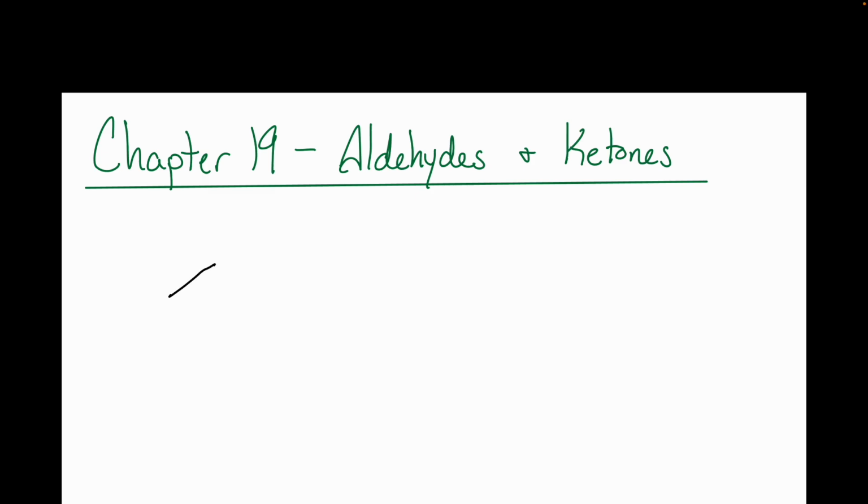So just to remind ourselves here, an aldehyde is where we have that carbonyl group located at the very end of a molecule. That means that there's necessarily a hydrogen, at least one hydrogen, bonded to that carbonyl carbon in an aldehyde.